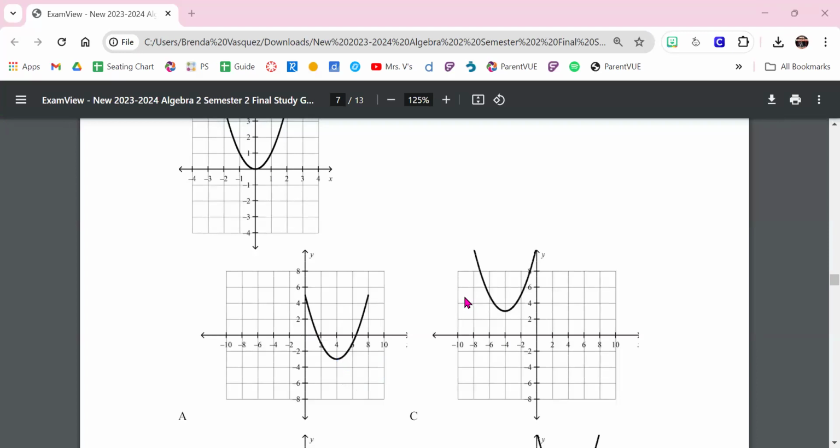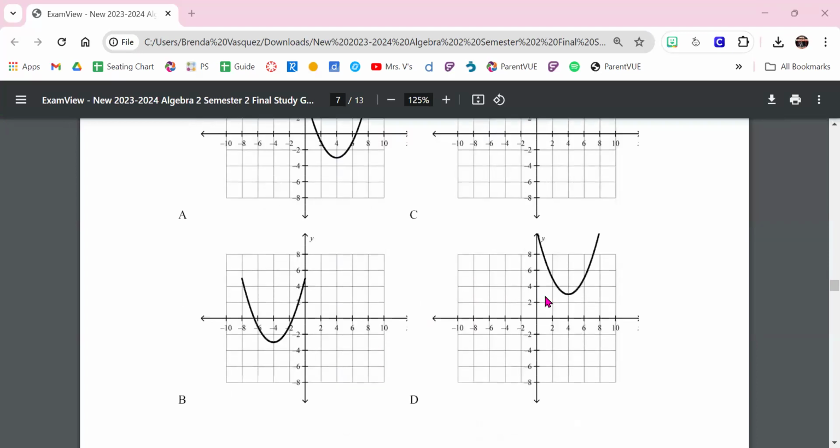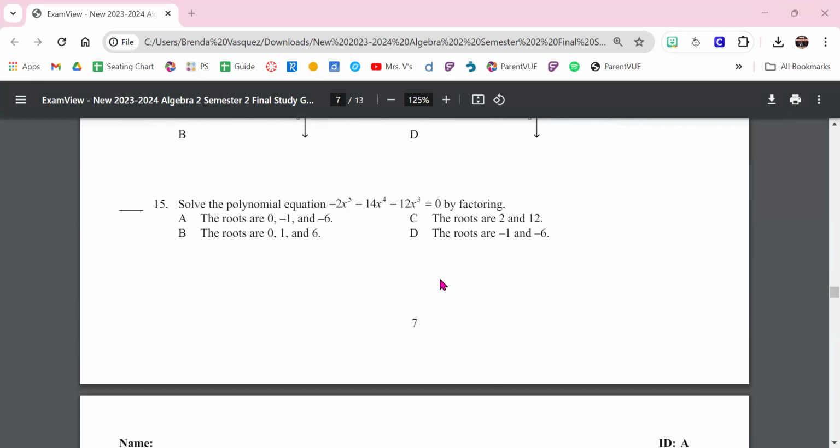All right. How do you feel about all these? You guys ready? Yeah. Let me see. Do we have time? The next one we have is number 15, where we solve the polynomial.